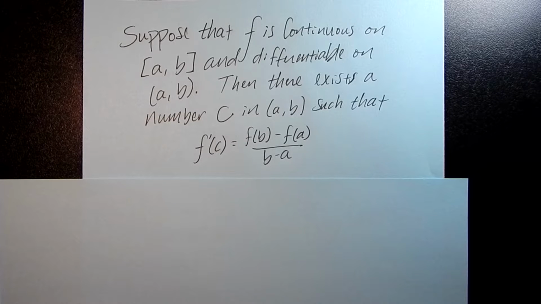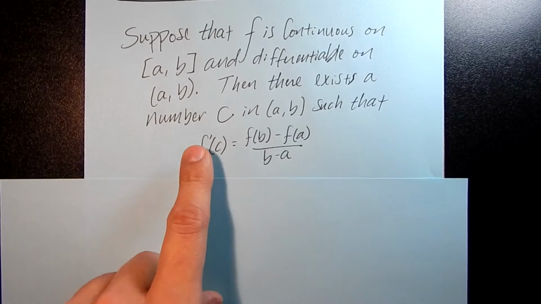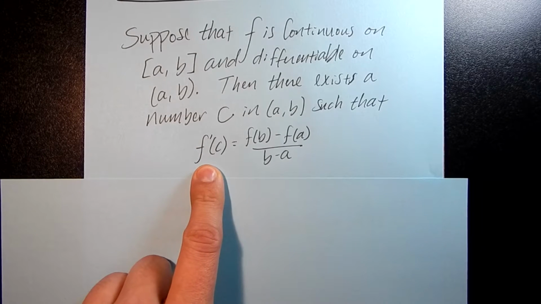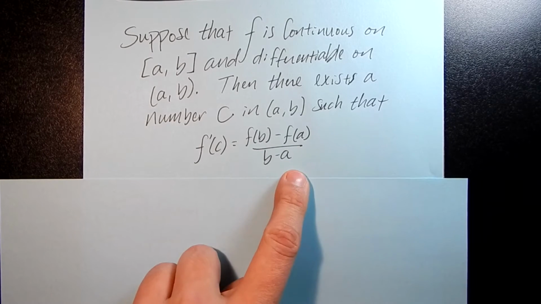But if those two conditions are met, then there exists a number c in the open interval ab such that f prime of c, the derivative of this function at c, or the slope of the graph at that point, is equal to f of b minus f of a over b minus a.